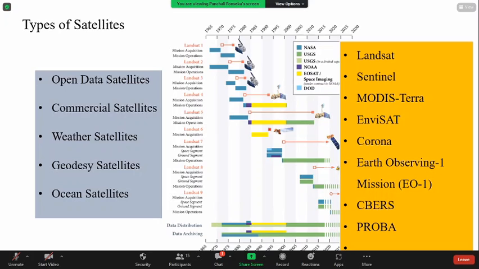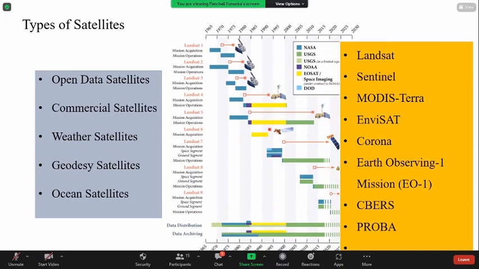You might wonder why I put Corona here. Corona is a satellite which was used by the military in the 1960s to spy on the Soviet Union. But now most archaeologists and some groups use these declassified images for analysis.